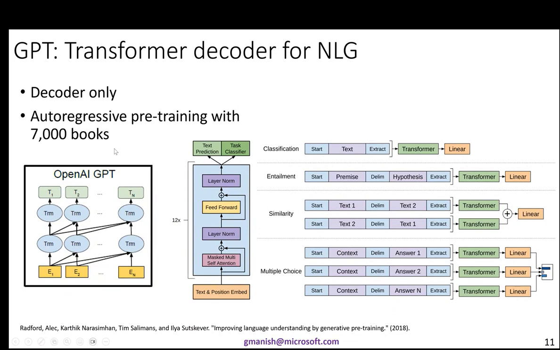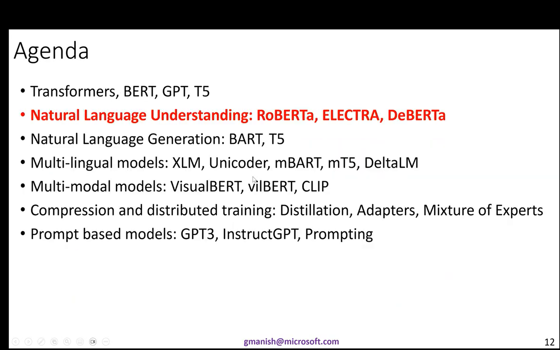And then they said, our model is still not very generic, so we will still fine-tune it. So they still had a fine-tune phase. For classification tasks, entailment, similarity, multiple choice questions, all of them, they also had their own recipes of enabling fine-tuning, just like the BERT guys.